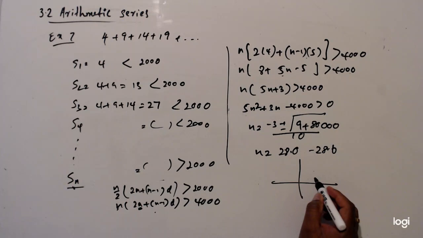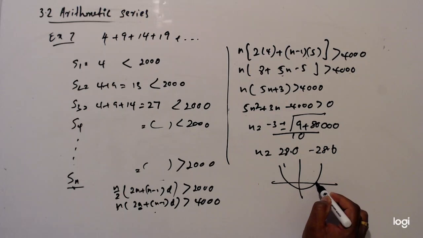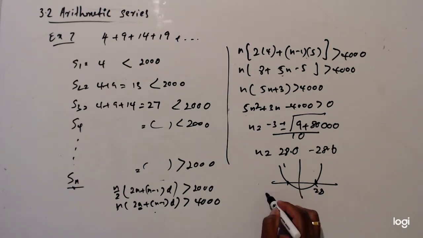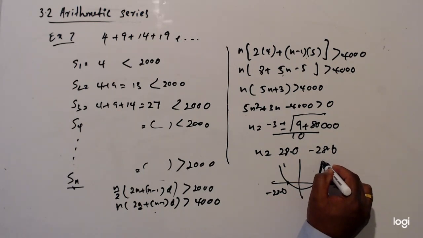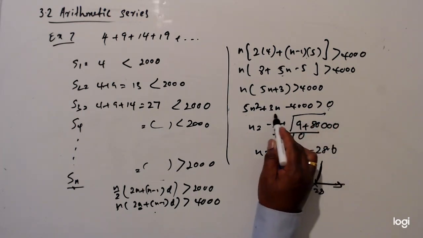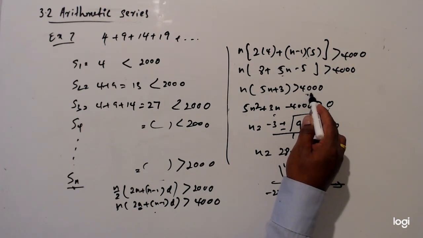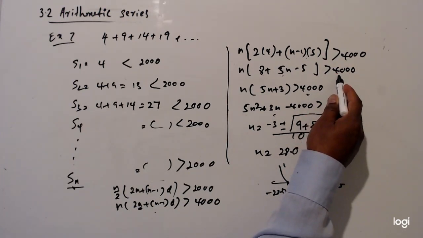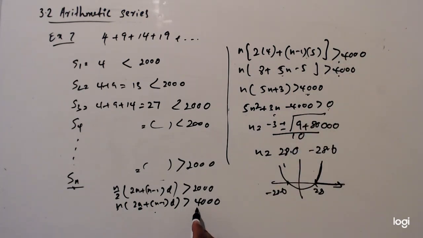When you draw the graph, one value is here, that is 28, and the other is minus 28.6. After this onwards, the y value is greater than 0. Greater than 0 means this expression is greater than 4000, which means the sum is greater than 2000.